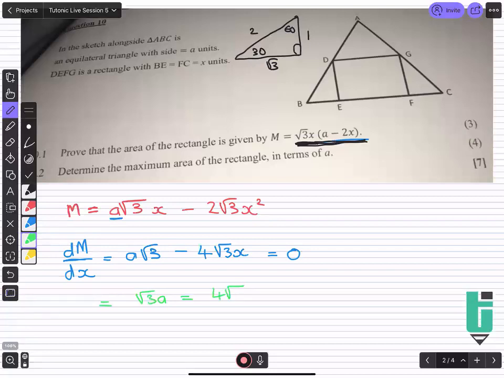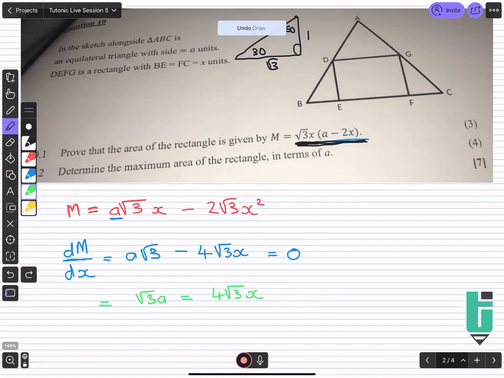We can divide out by the 4 root 3, or whatever, right? So we can divide out by the root 3. So we're left with 4x equals a.